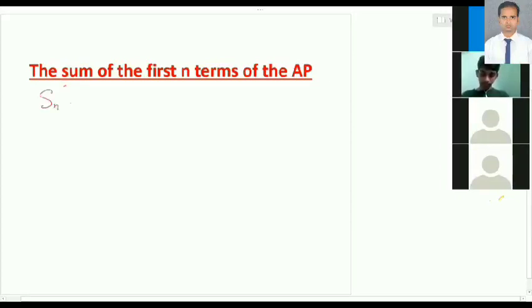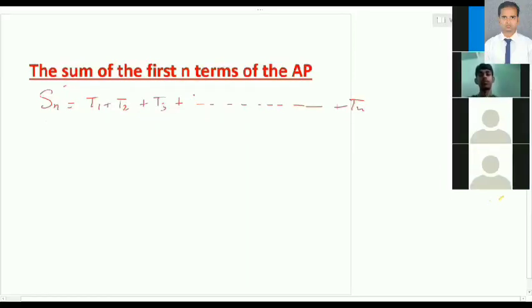We need to find Sn. What will be Sn? T1 plus T2 plus T3 and so on up to Tn. This will be your Sn. Now we need to find sum of n terms. So the same thing if you write here, what to do?